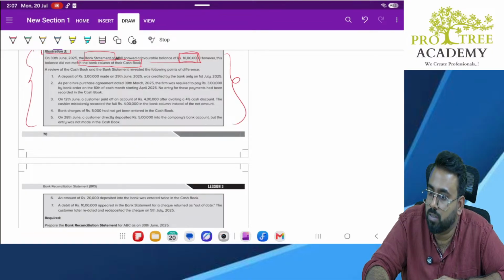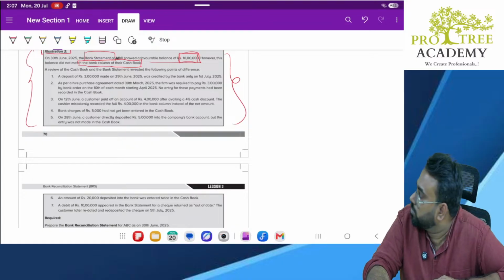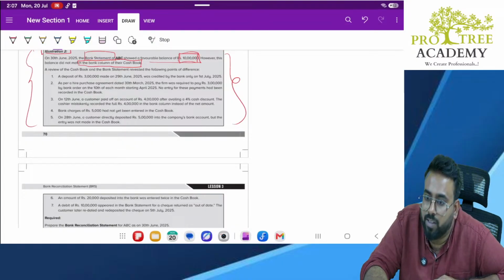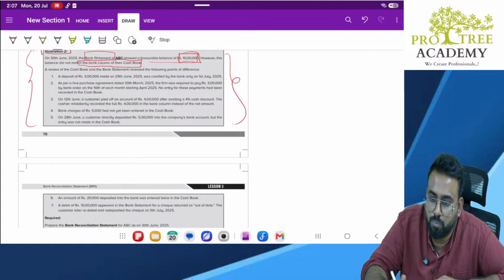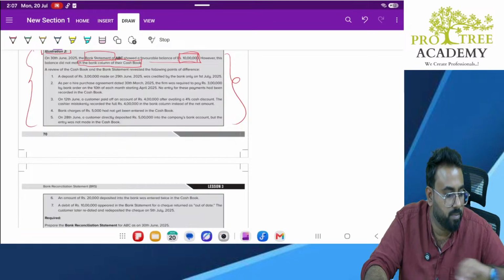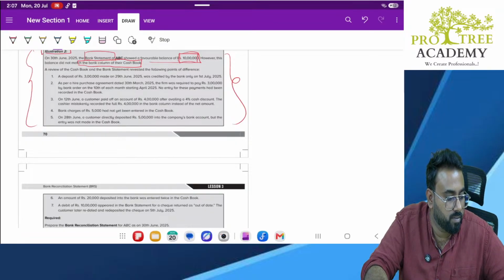Another question. I have asked you to solve illustration number 2. Really? Both the questions are not the same, is what you are saying. Solve this anyhow.